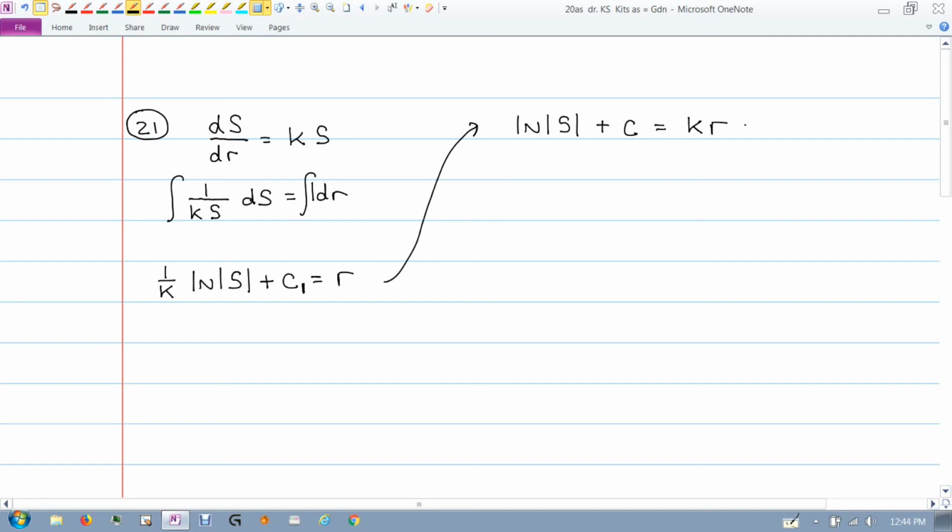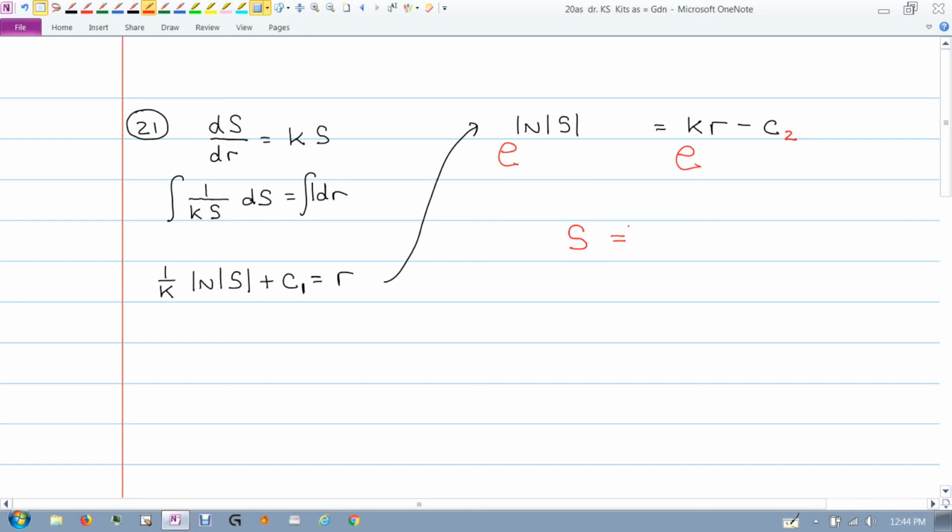Now I will subtract c on both sides, and then I'm going to do e like this. We're familiar with that. We've seen this a few times. And let's call this c c2 instead. Now the left side of this is going to become S, because the e and the natural log kill each other off.